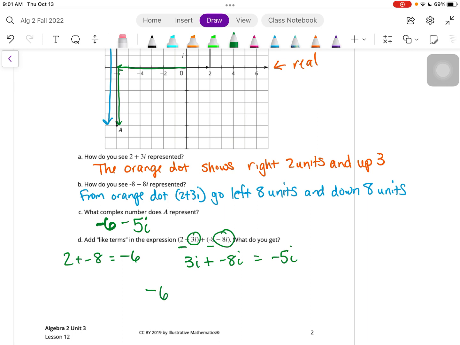So we have negative 6 plus negative 5i, which you can really write as negative 6 minus 5i. Right, so it's just like you treat the i's like variables when you're combining like terms. They're not variables, they represent numbers, but we treat them like variables when we're using them in expressions.